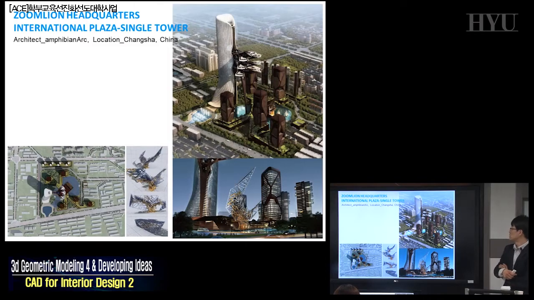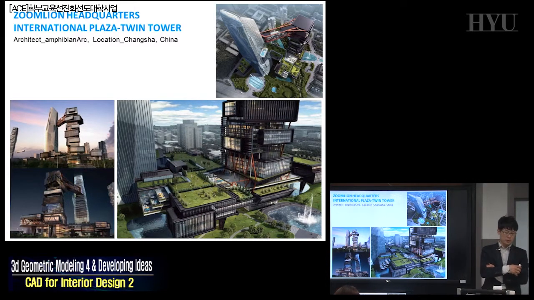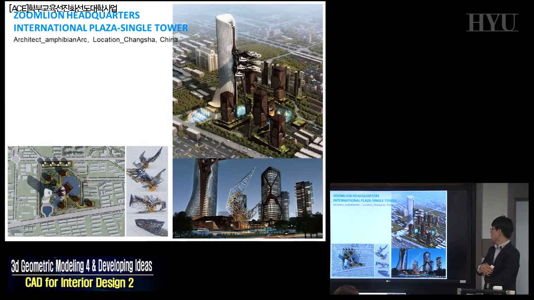The first one is a single tower for that company, International Plaza, a single tower proposal, and the next one is a twin tower proposal. But actually those two different building plans have some tower building geometry as well as some non-uniform structure.